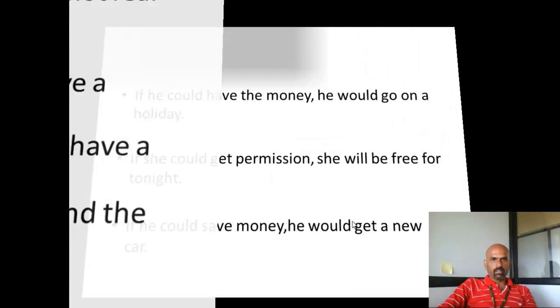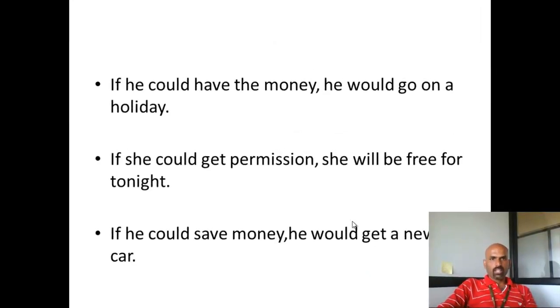And let us see some other examples. If he could have the money, he would go on holiday. This is another example. Again, past tense. You can use this kind of example also. If she could get permission, she will be free for tonight.